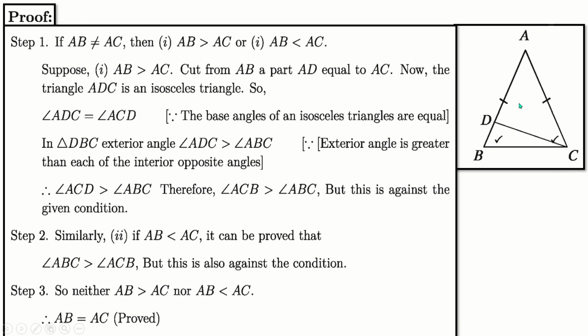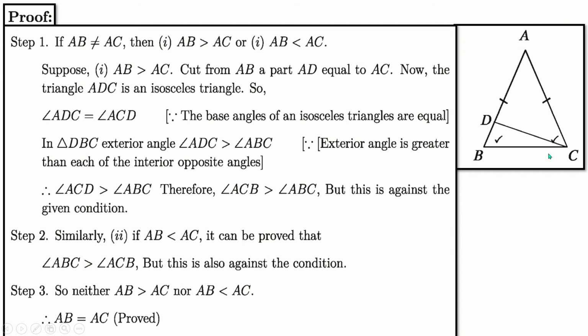So angle ADC will be greater than angle ABC, because ADC means the sum of angle B plus angle BCD. So ADC must be greater than angle ABC.